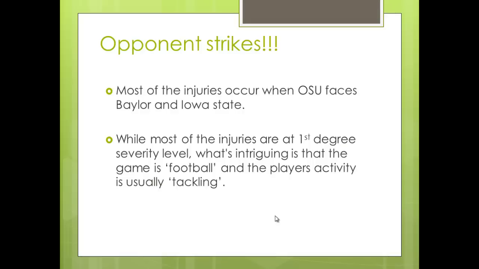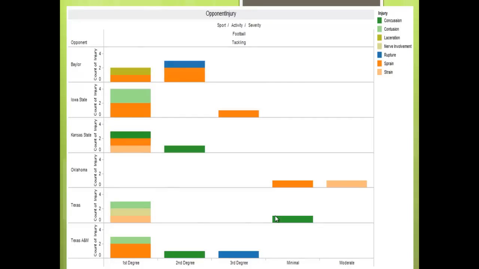And when you fight with your own state, you get a lot less injured. Here is a screenshot of our visualization where you can see that for Baylor and Iowa State, the tackling count is more, and in the game of football, the injuries are usually concussion, contusion, sprain, strain.